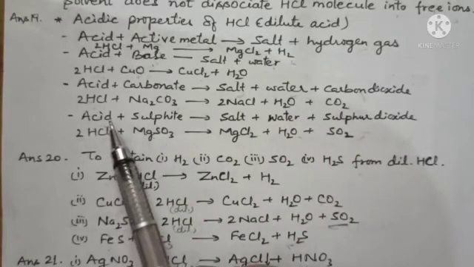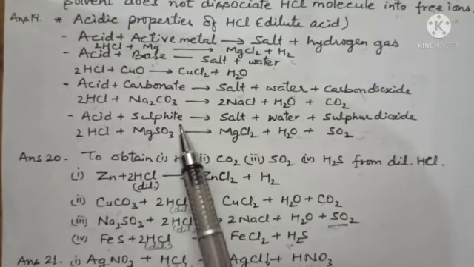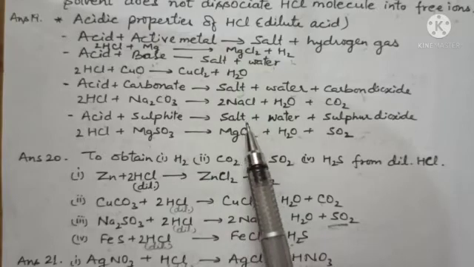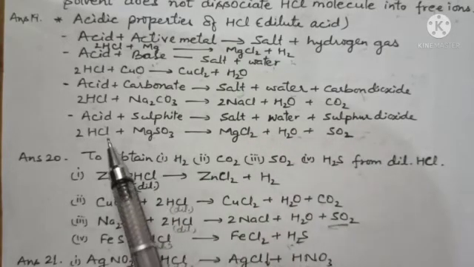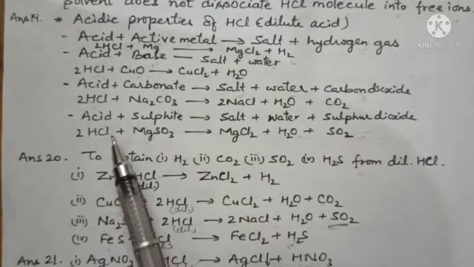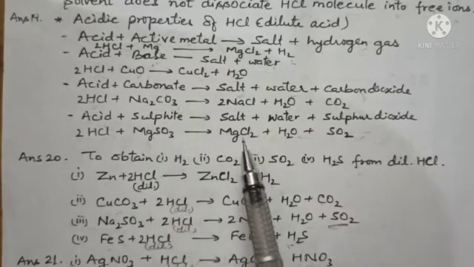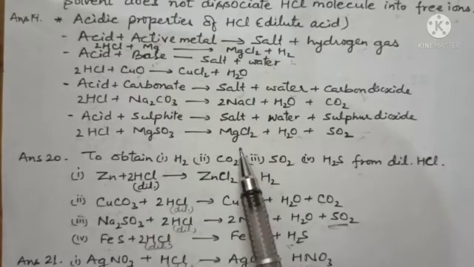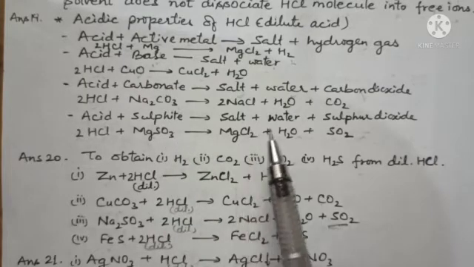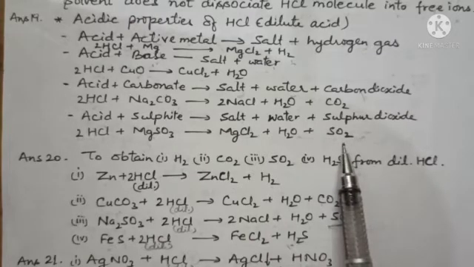In the same way, when dilute acids react with sulfites or metallic sulfides, it always gives salt, water, and sulfur dioxide. And when you take dilute hydrochloric acid and magnesium sulfide or sodium sulfide or zinc sulfide, it gives you salt. That is, if you are using magnesium sulfide, then you will get magnesium chloride salt, water, and sulfur dioxide gas. Right?